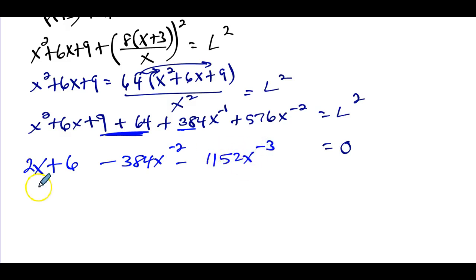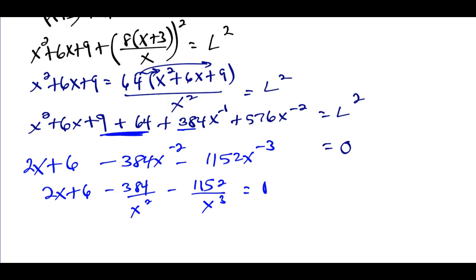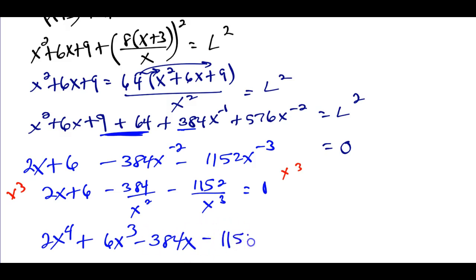So I think the next thing that I would do is clear these negative exponents by multiplying both sides by x cubed. So 2x to the fourth plus 6x cubed minus 384x minus 1152 equals 0.